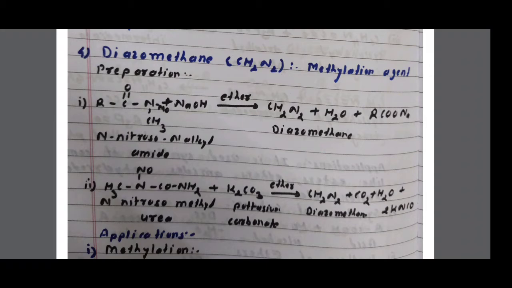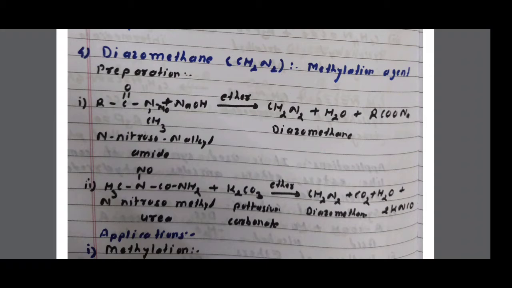The general method of diazomethane preparation involves alkaline hydrolysis of various N-nitroso, N-alkyl amides. They undergo elimination on treatment with base to give diazomethane.